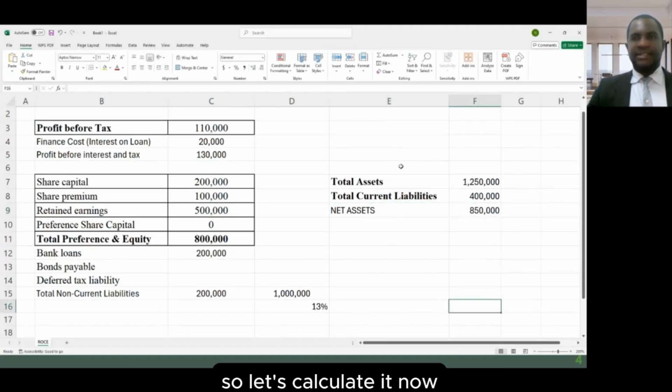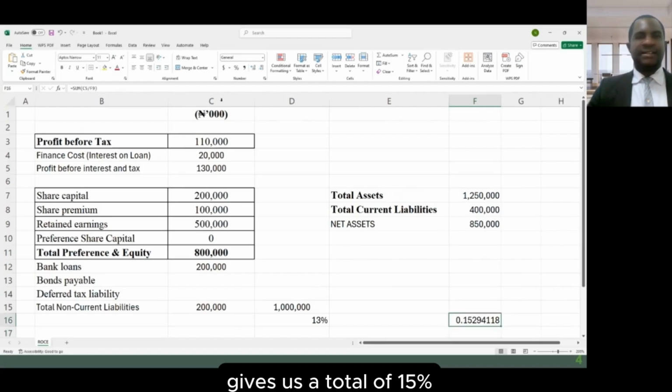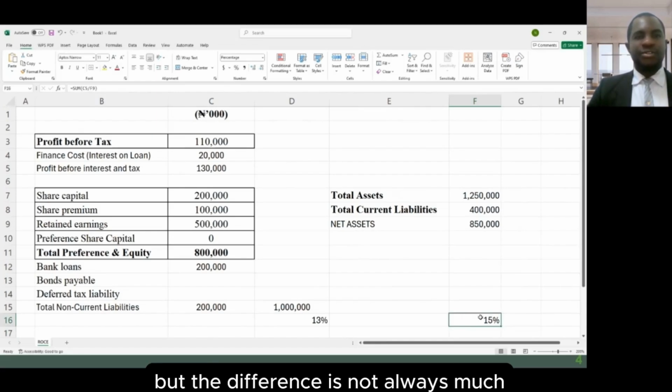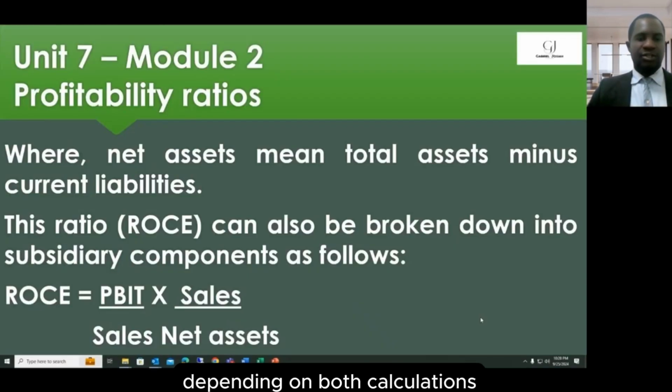So let's calculate it now by saying our profit before interest and tax divided by our net assets gives us a total of 15%. So it's a little bit varying, but the difference is not always much depending on both calculations.